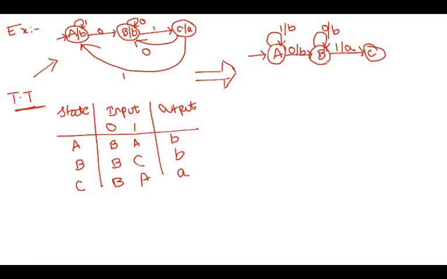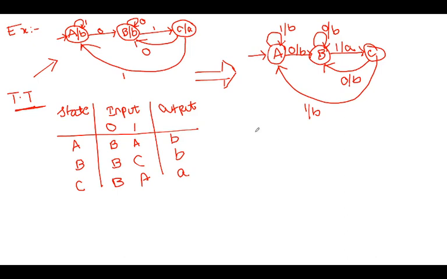Now C on taking 0 goes to the B state and produces the output small b. And C on input 1 goes to the A state and produces the output b. Is it clear? This is the equivalent Mealy machine for this Moore machine.